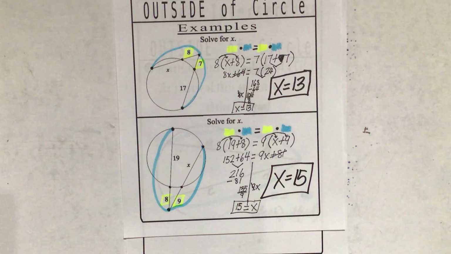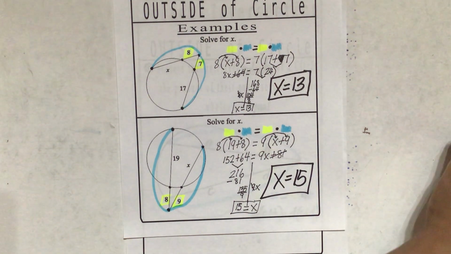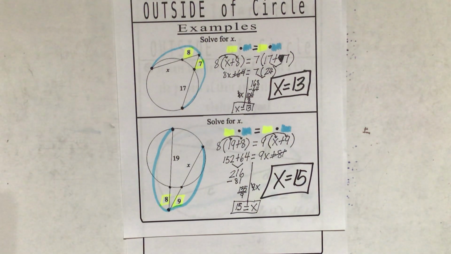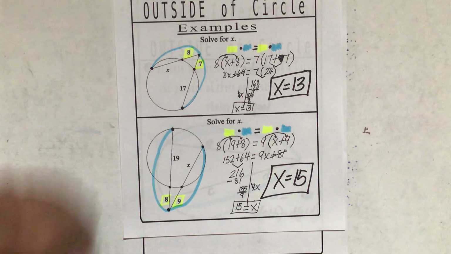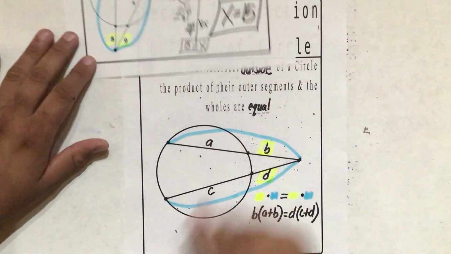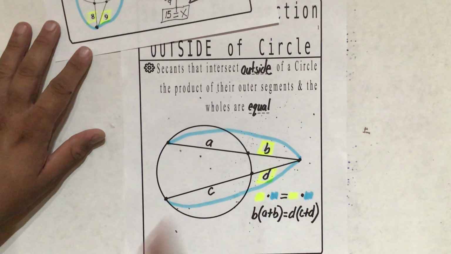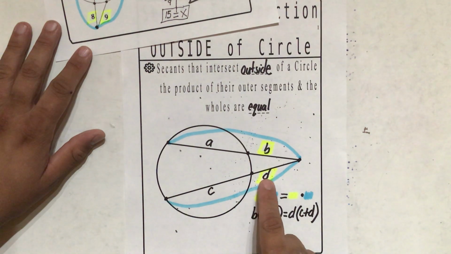So, again, I know lots of steps, but please, everybody, rewind right now and watch this video again, okay? Look at the examples. Use your highlighters, use your colors, use your crayons, use your colored pencils, whatever it is that you need to do, okay, to set this up, okay?